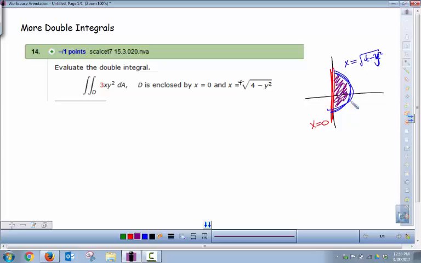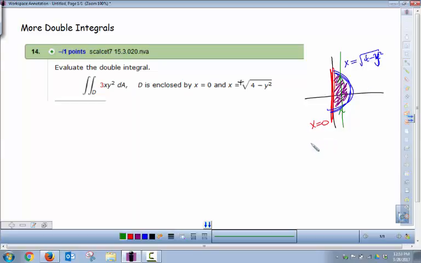If I were to draw a line parallel to the y-axis, saying I want to integrate with respect to y first, I can do it, except now I would be going in and out of my region at some other functions of y. So this is more complicated.